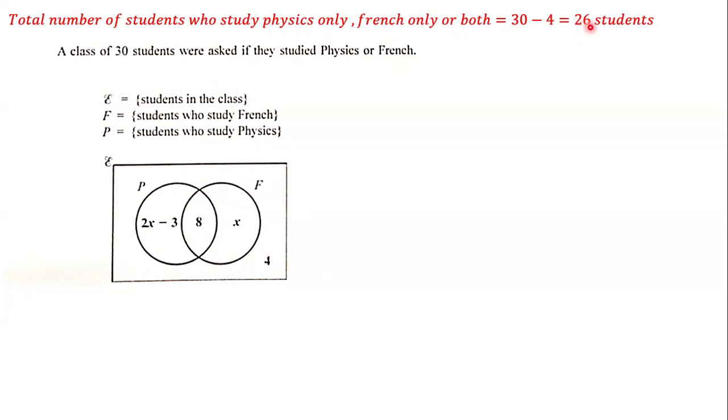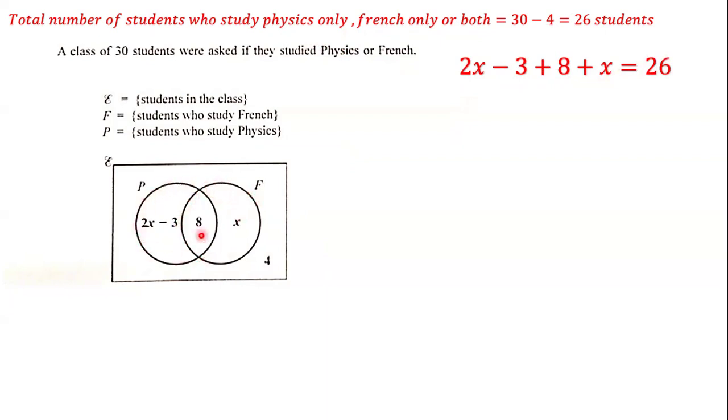So you have 26 students who study at least one subject, and then you have 4 students who study none of physics or French. So that means that we have 26 students who study physics only, French only, or both. And so we have 2x minus 3 plus 8 plus x, which is equal to 26, because that is what the union is.